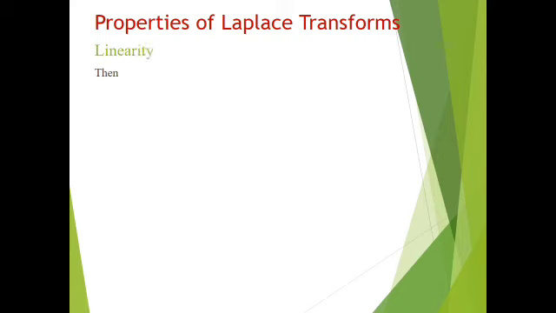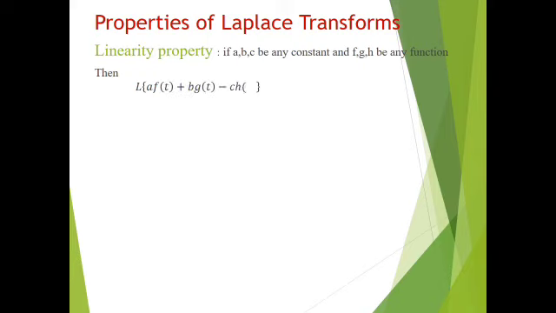Linearity property. According to the linearity property, if a, b, c are any constant terms and f, g, h be any functions, then Laplace transform of a f of t plus b g of t minus c h of t equals a L f of t plus b L g of t minus c L h of t.